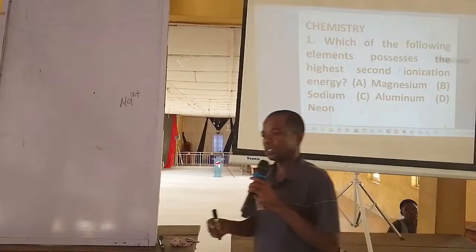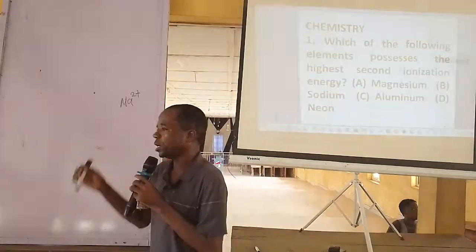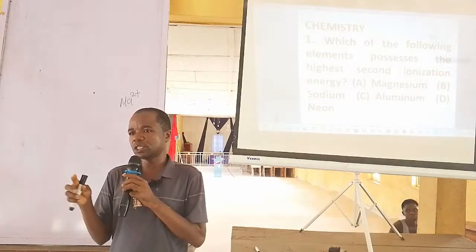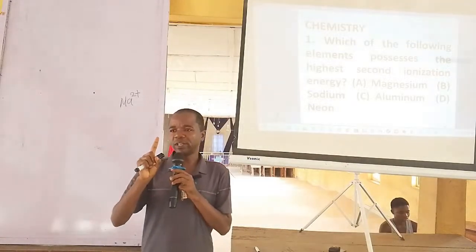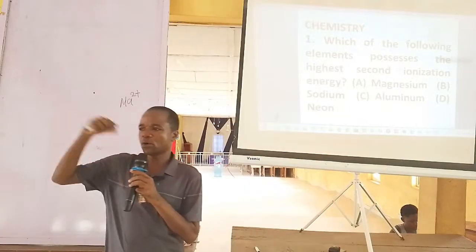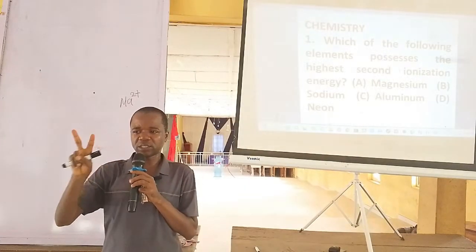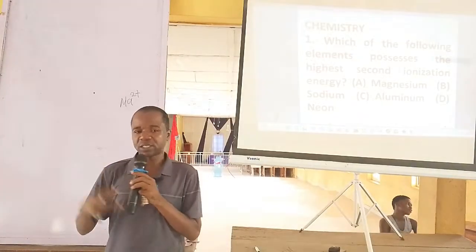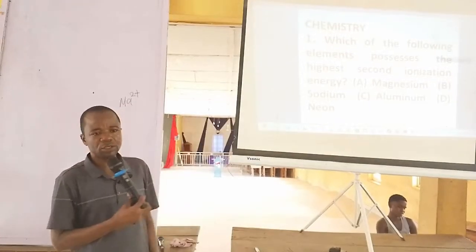Sorry for that. So, like I was saying, the energy required to remove the first electron from a neutral atom in gaseous form to form a monovalent ion, that's the first ionization energy. The energy required to remove the second electron from that particular monovalent ion is called the second ionization energy.